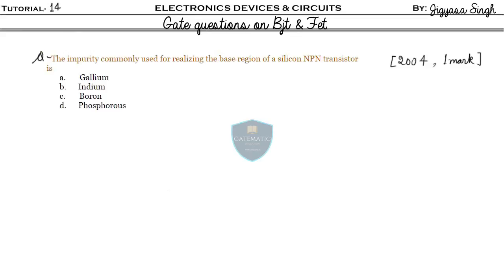The impurity commonly used for realizing the base region of the silicon NPN transistor is boron. It is the most common trivalent impurity used to realize an NPN transistor base region.